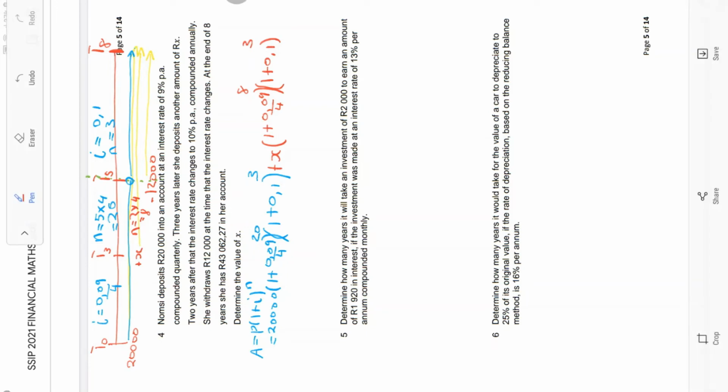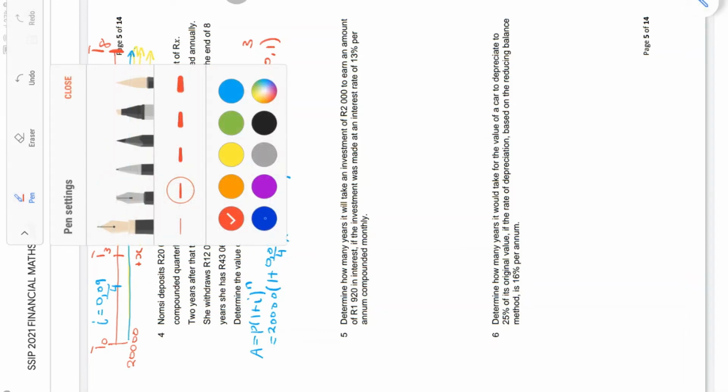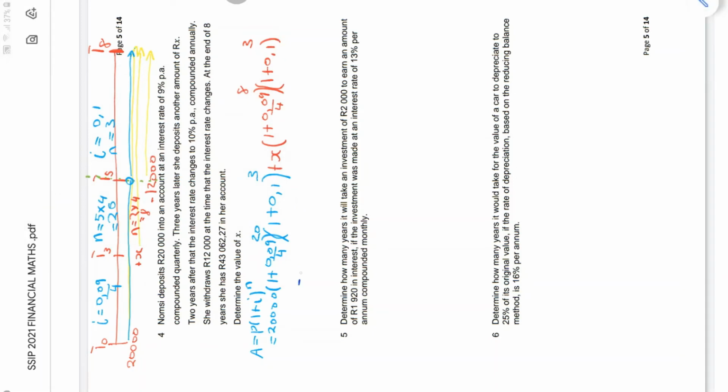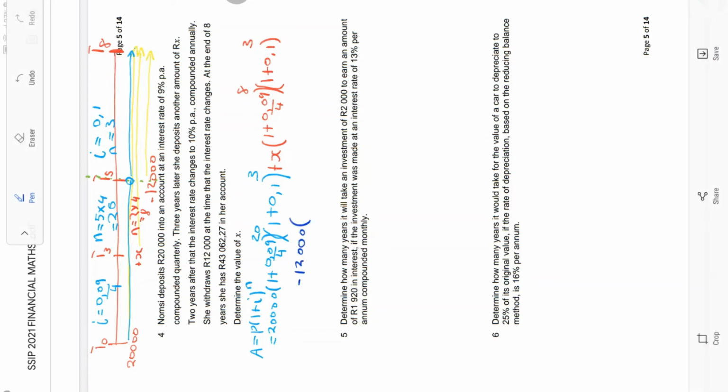But then the 12,000 was withdrawn from the account, which is a minus. Let me write it down here, minus the 12,000. But remember, every time you withdraw money from the account, you even lose the interest that money would have accumulated.